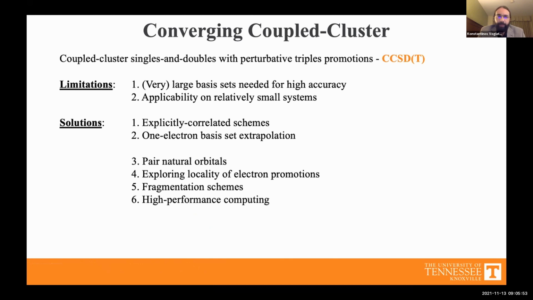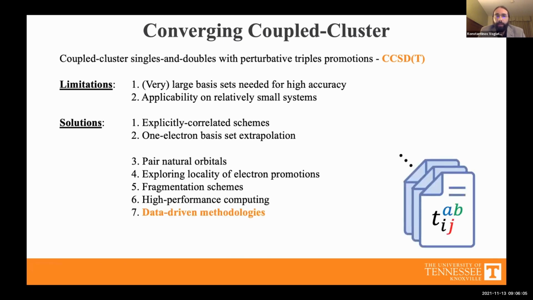And there's also a large variety of different approaches, including pair natural orbitals, exploration of the locality of the electron promotions, fragmentation schemes, and high-performance computing. On this list, we would like to add also our data-driven methodologies that we and many others in this field have developed in the past years.